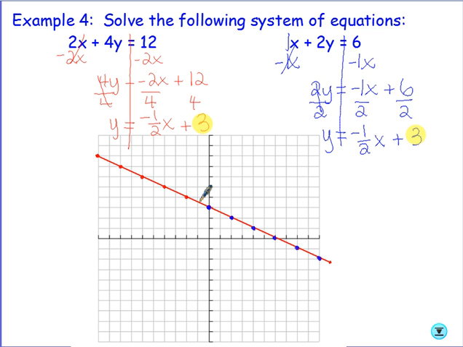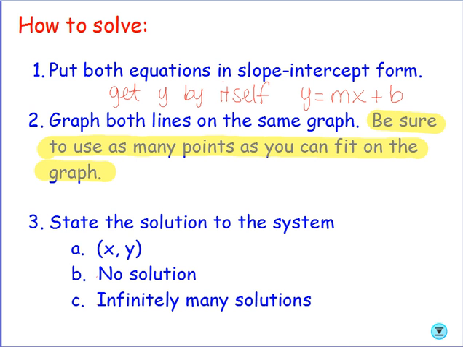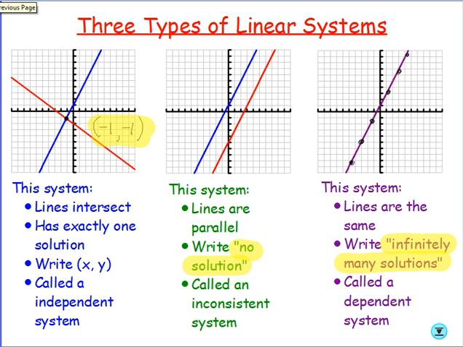If you end up redrawing the exact same line, if you remember, when they lie on top of each other, which was what this was over here, we write infinitely many solutions.